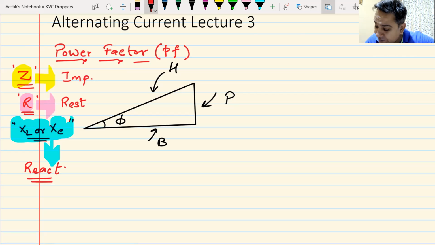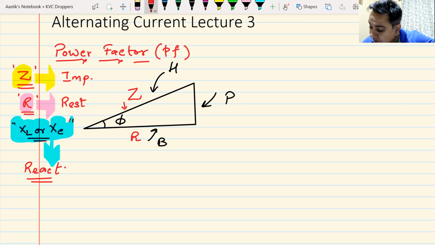Now, how are they related? Your Z is your hypotenuse here. The impedance is the hypotenuse here. The resistance is your base here.